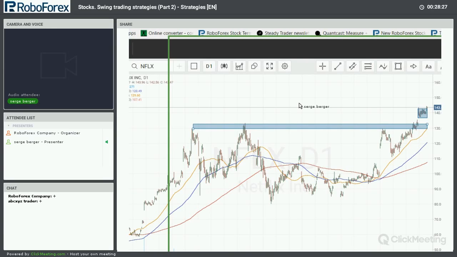Well, guess what? It didn't work again. Usually if someone gets stopped out twice, most people stop looking and just walk away and not consider it anymore. Well, look what happened here. Here we finally got to this point, and here it did work. Most people would have stopped trying to buy the stock higher because they got stopped out twice, but now here the third time, it finally worked.